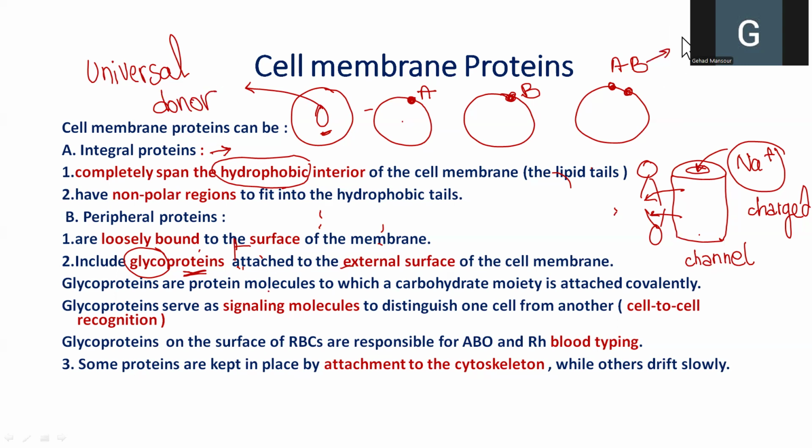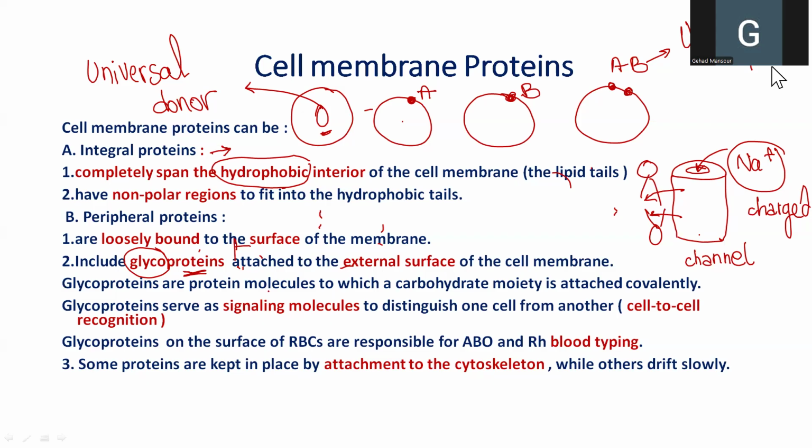But blood group AB is a universal recipient, meaning that it can receive blood from any other blood type, but donates only to AB.